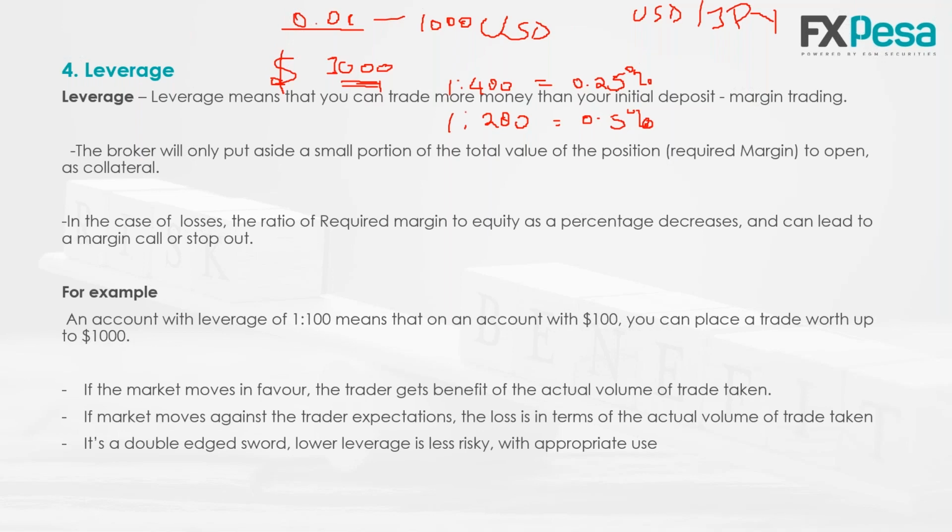Yes, it's reducing the risk, but it also increases the amount of money you're required to have. Let's say for example, for this type of trade, you're required to have $2.5, the required margin. For a 1:200 leverage, you're going to have $5. And as you keep on reducing, you're going to be required to have more money, right?